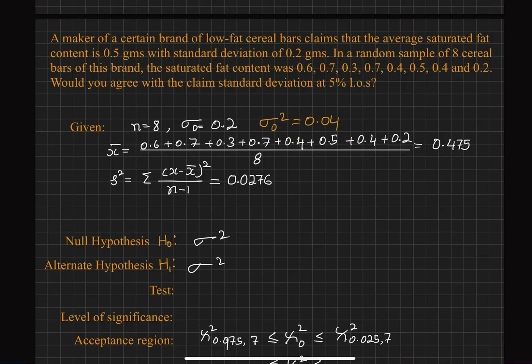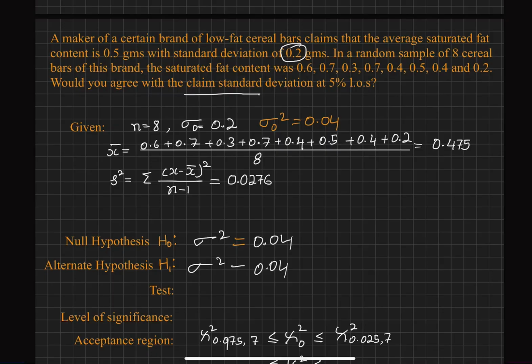Let us consider the null hypothesis first. Here, the null hypothesis is sigma square equal to sigma naught square. Sigma naught square is 0.04, and the alternate hypothesis is again with respect to 0.04 only. Here his claim is that the standard deviation is 0.2. That means his claim will be wrong if the standard deviation is less than 0.2 or if the standard deviation is greater than 0.2.